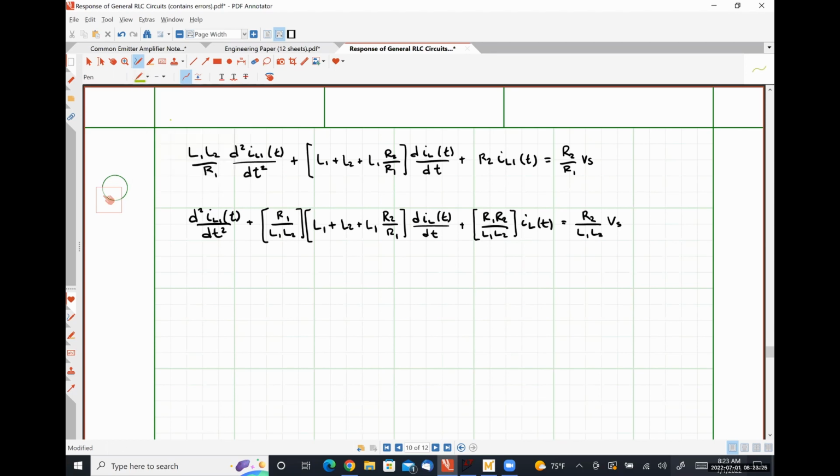We can now see that this bit right here is our coefficient B. And this bit right here is our coefficient C. So alpha, which is B over 2, would be given by 1/2 R1 over L1, L2 times L1 plus L2 plus L1 times R2 over R1.